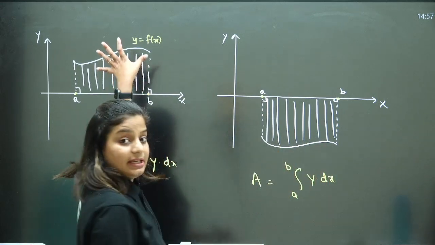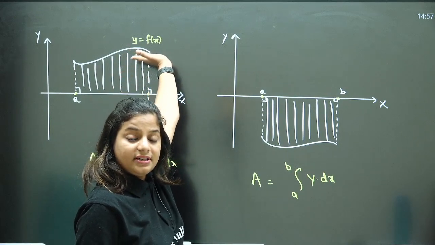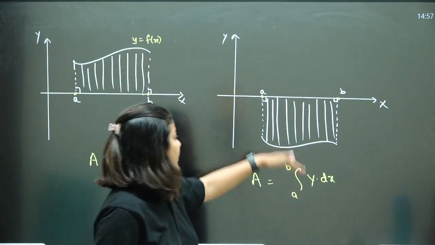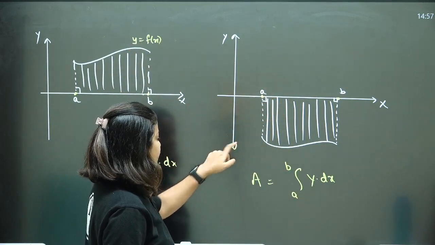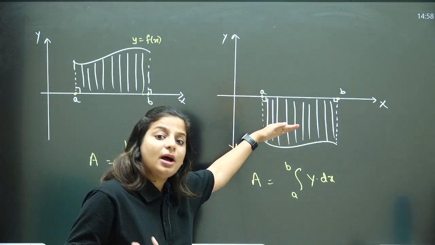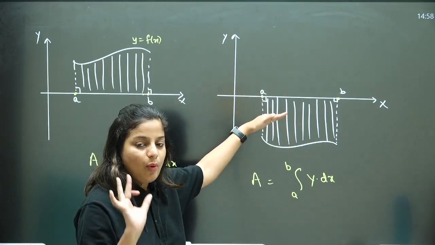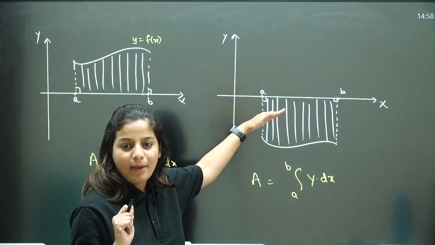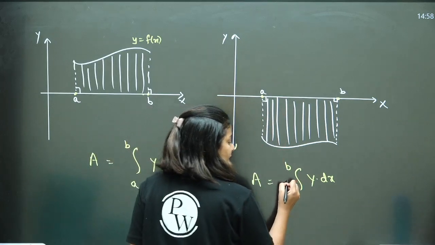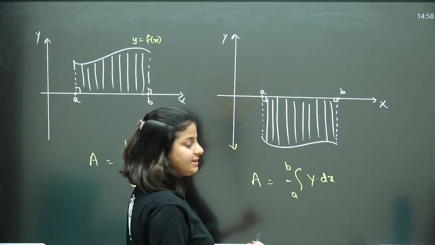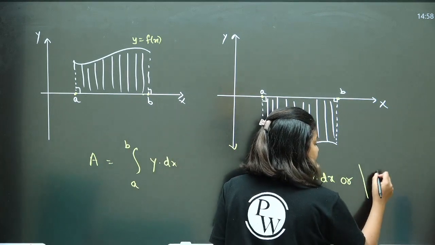But here the area is on the negative y side, isn't it? So the area will come out to be negative. Can area be negative? No. To avoid that minus sign, either you multiply with a minus sign or, best, you take a mod.